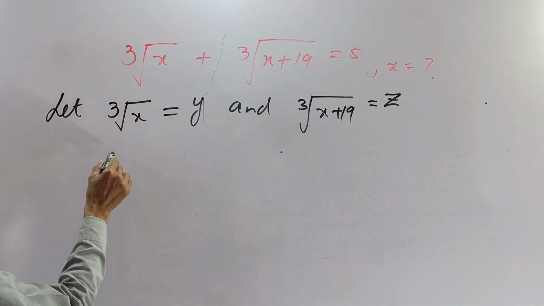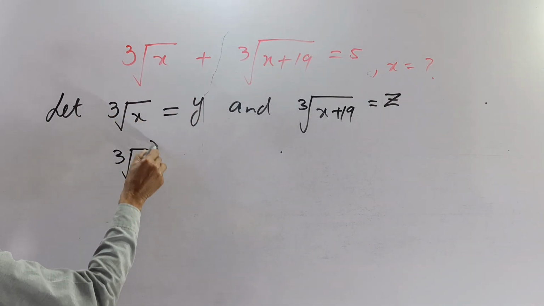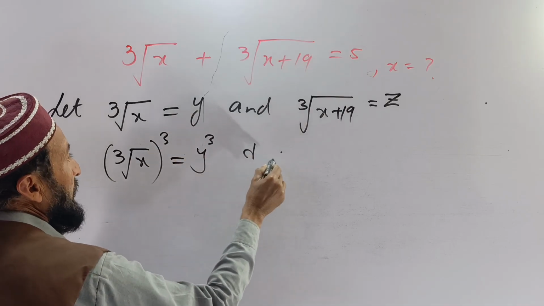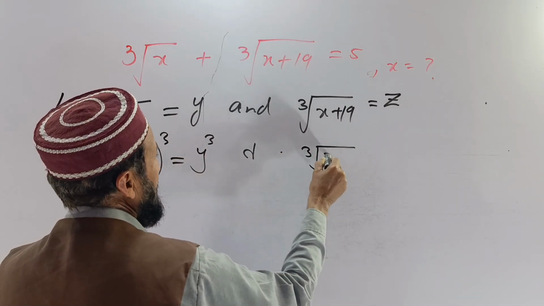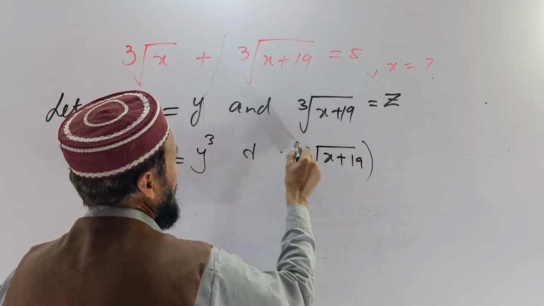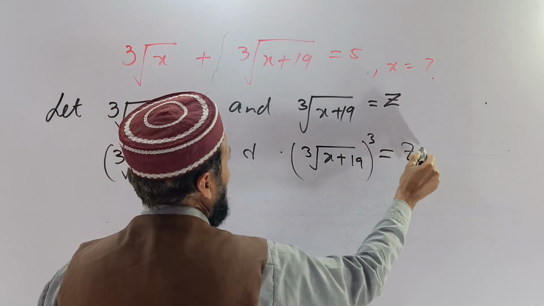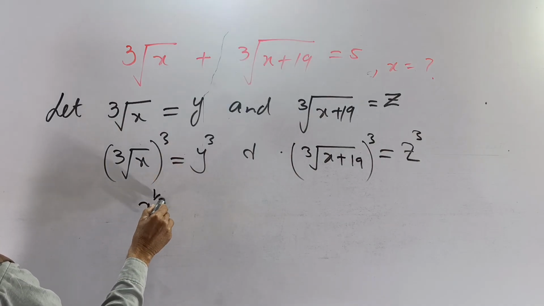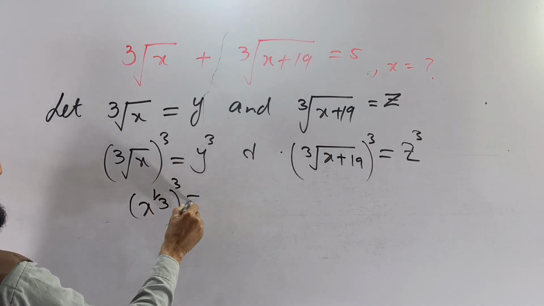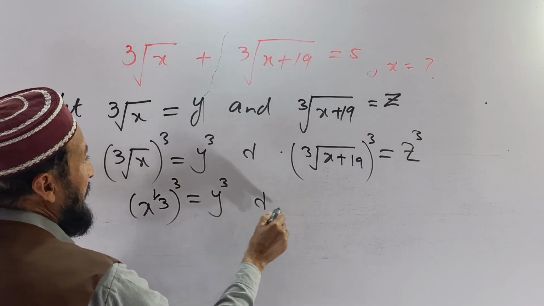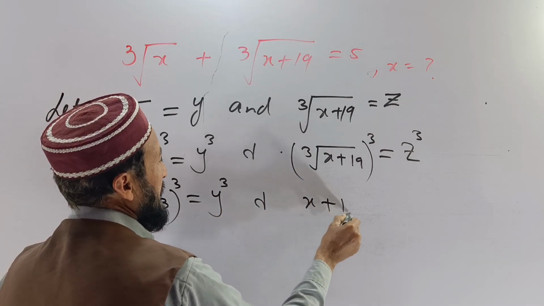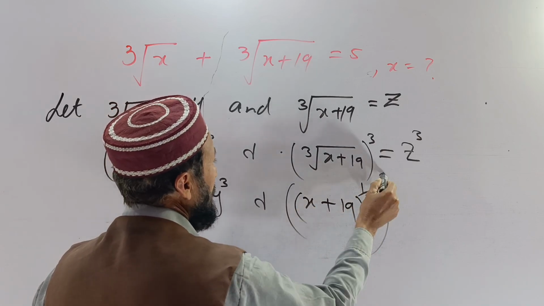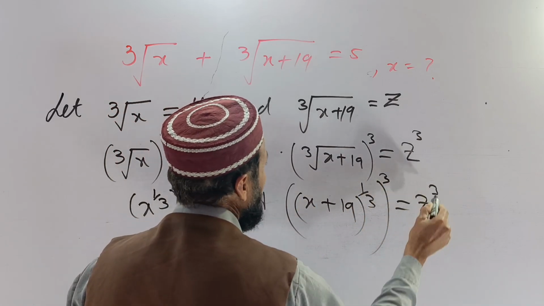Now we take the cube on each side of these equations. So we can write x to the power 1 by 3, whole cube, is equal to y cube, and similarly x plus 19 to the power 1 by 3, whole cube, is equal to z cube.